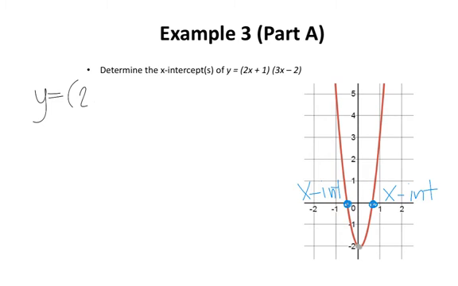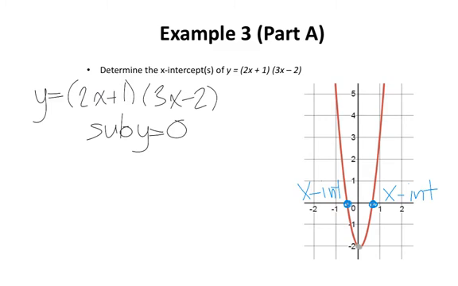y equals (2x plus 1) multiplied by (3x minus 2). We are going to sub y equals 0 to find the x-intercepts. That means we're going to replace the variable of y with 0, and everything else stays exactly the same.